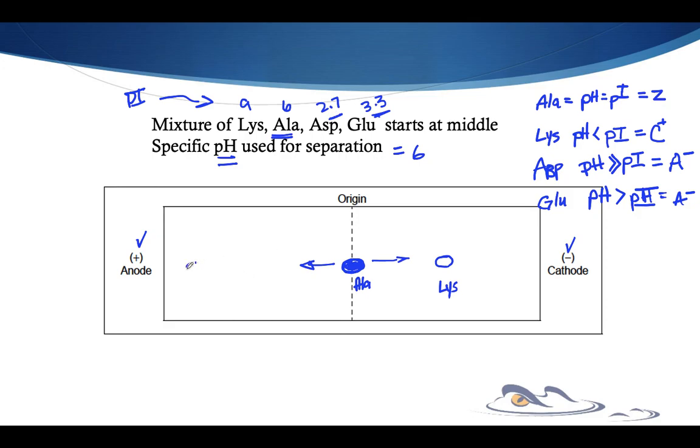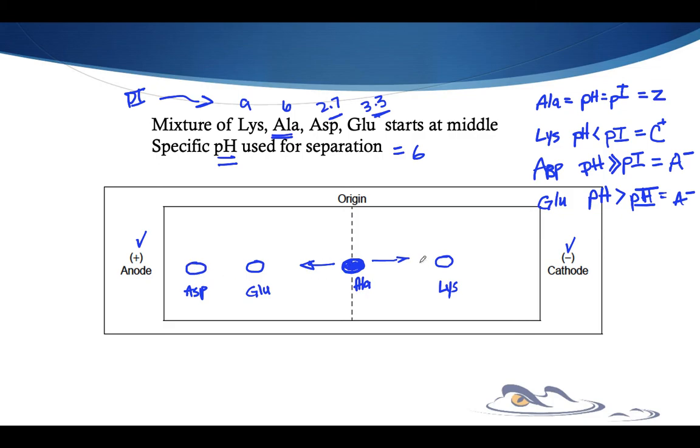So let's just put it over here. Again, I'm arbitrarily picking a spot over here, further away, and I'm going to label this as the ASP, because that's my aspartic acid. And then I also need to put the glutamic acid in here, and I know it's not going to travel quite as far, and so I'll put it here.